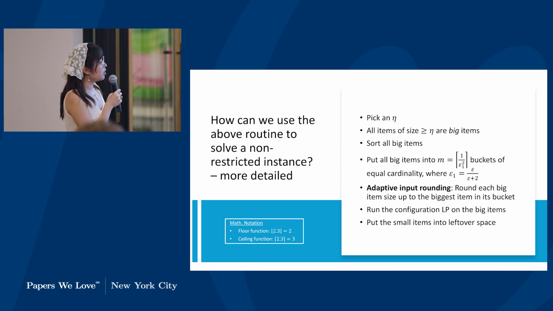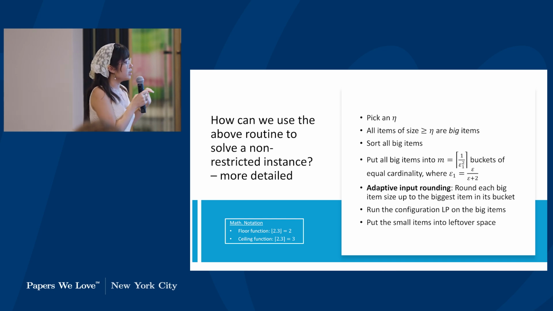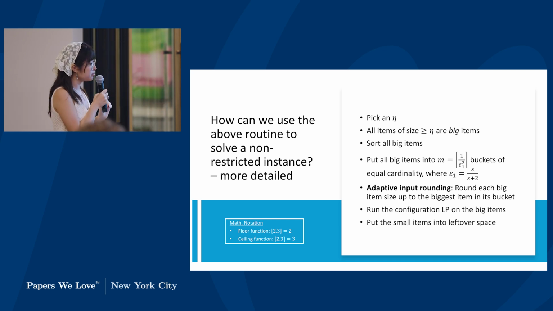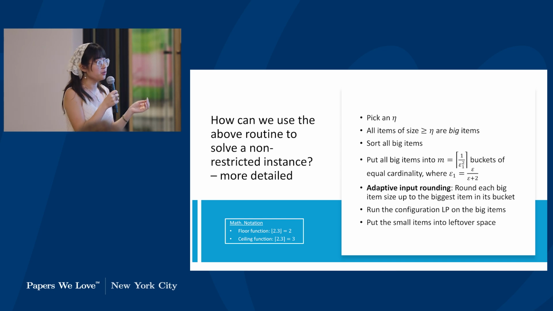And then you do the adaptive input rounding step, which is rounding each of the numbers in a bucket to the biggest item in its bucket. So now you have very few unique item sizes, because you've made every single item in a bucket into one number.